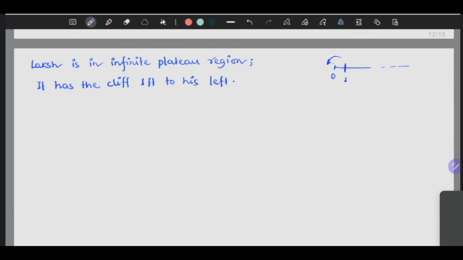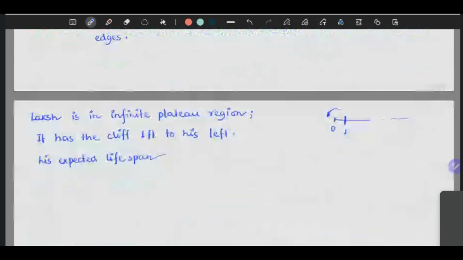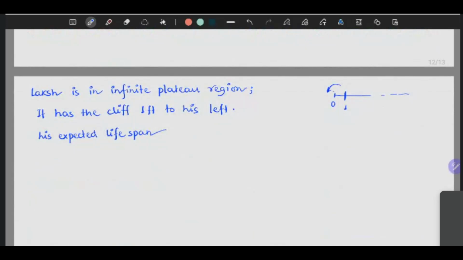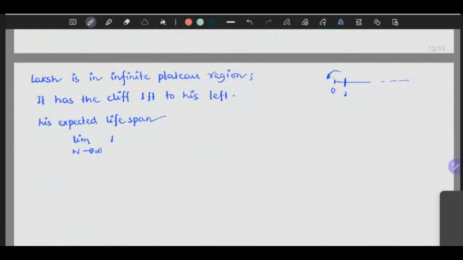So here his expected lifespan, if you use this formula, will be the limit as W tends to infinity of 1 times (W minus 1).